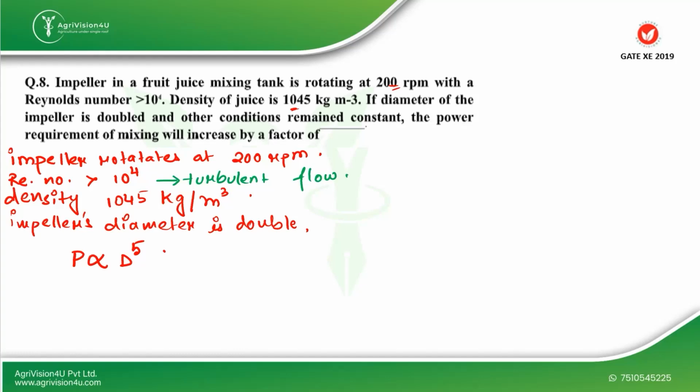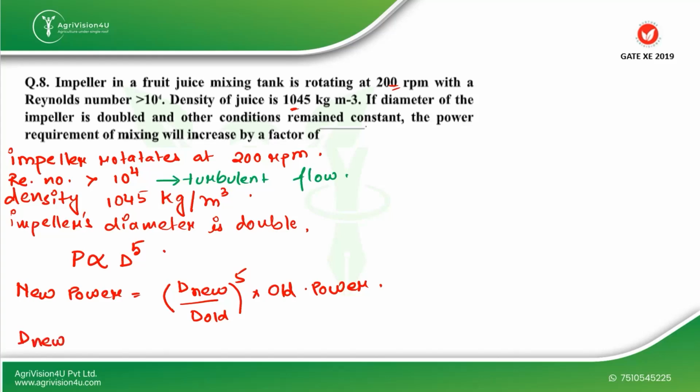Now, if the diameter of the impeller is doubled, the new power requirement can be expressed as new power equals d new by d old to the power 5 into old power. It is given that d new is 2 times the old one.